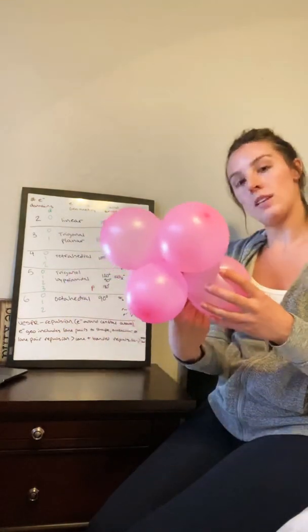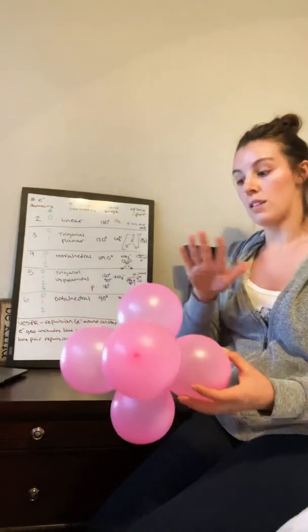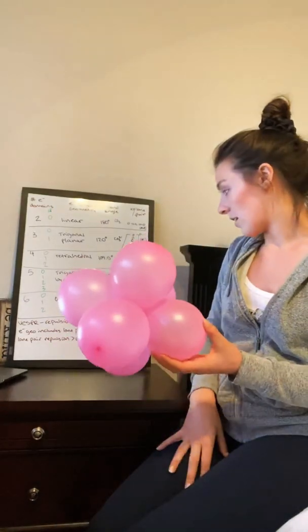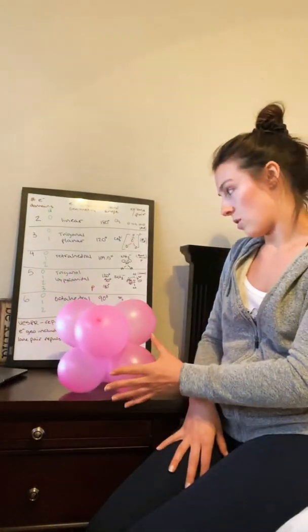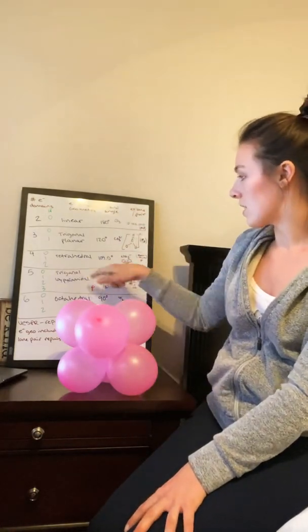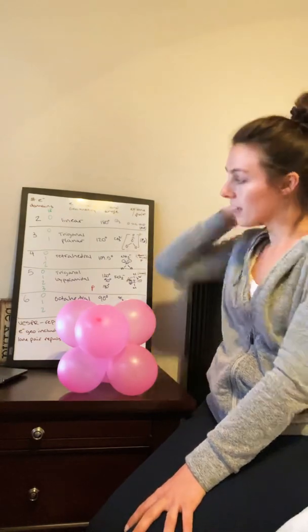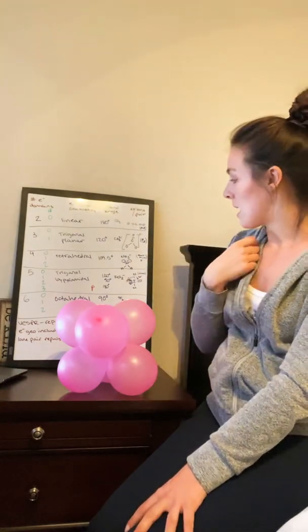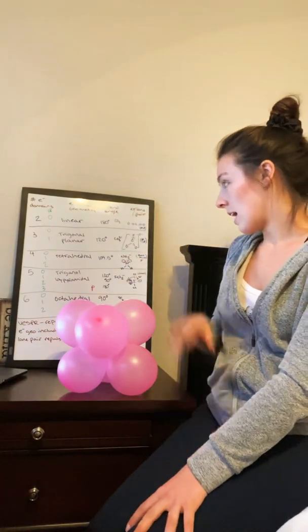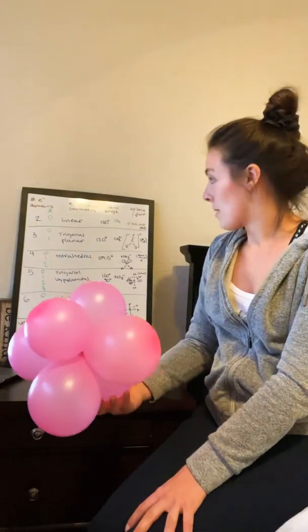So S would be this central tie, and all of these balloons would represent the bonds to fluorine. And that one is also non-polar. So the only 2 that ended up being polar are the tetrahedral and the trigonal bipyramidal. Everything else was non-polar. And we went over the bond angles. So those are my examples of electron domain geometry.